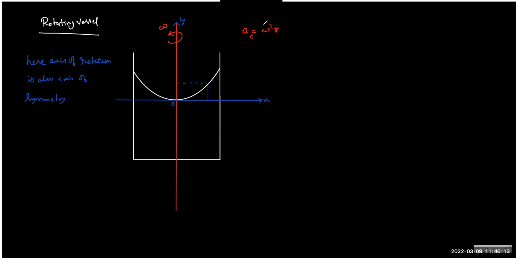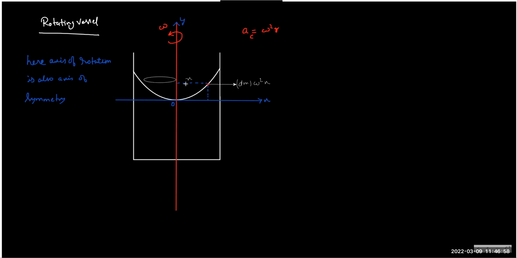Okay. So imagine a point P here on the free surface. It will experience two forces. One is the centrifugal force. Because this point is x distance away, since the coordinate is (x, y), how much force will it experience? dm omega square x, because x will act as the radius, right?